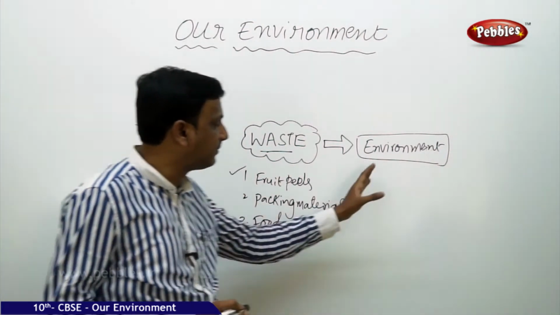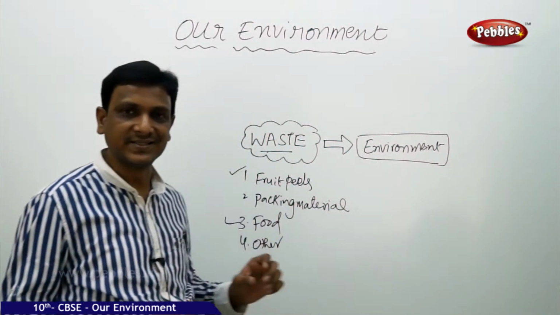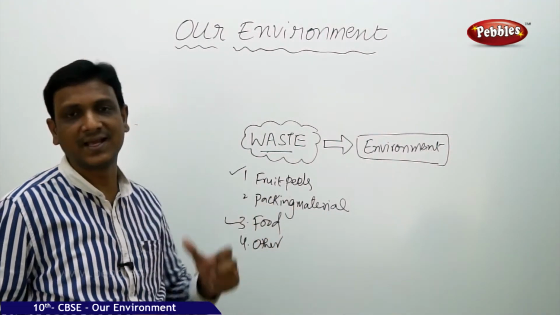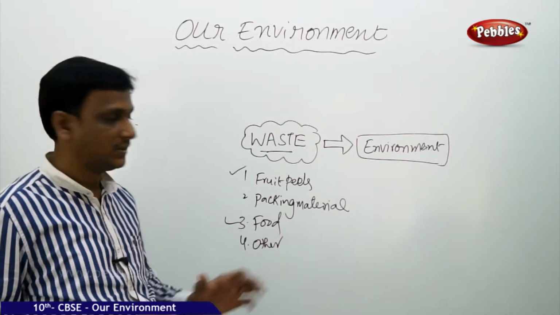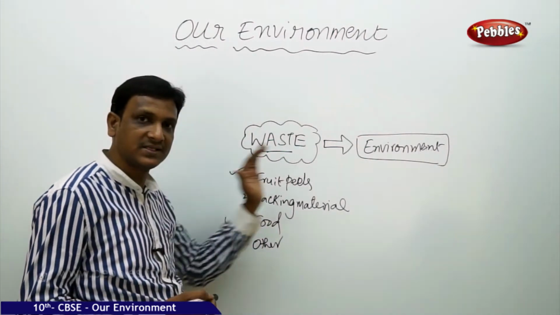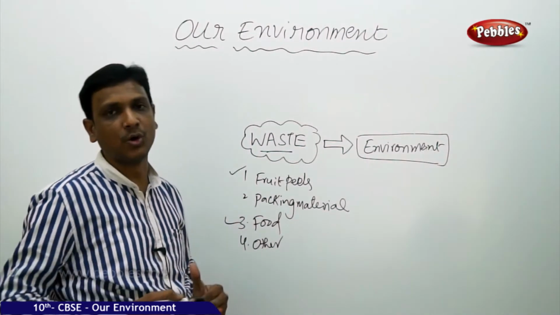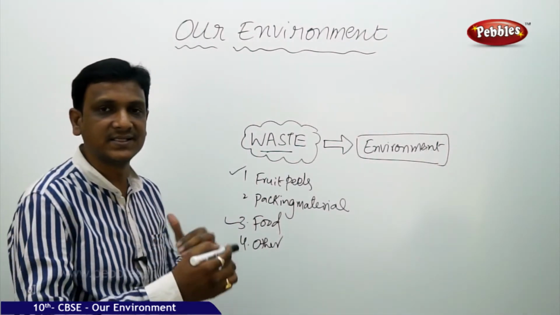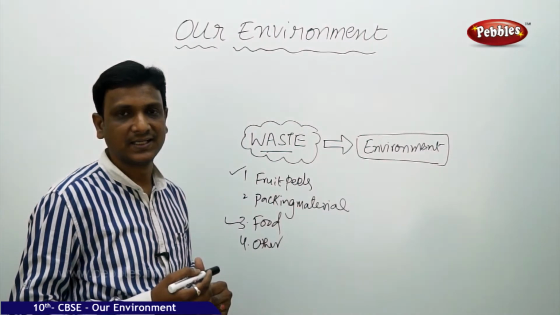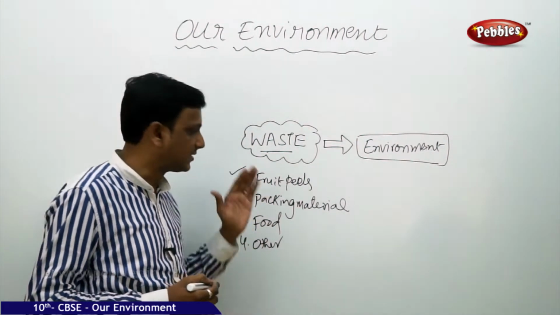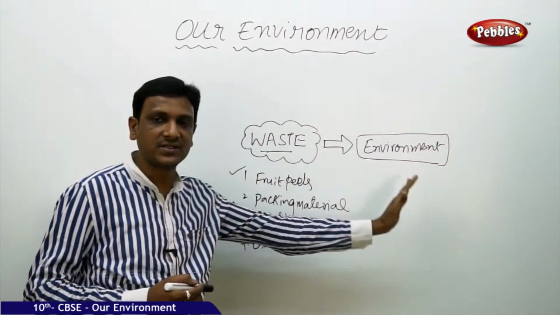It means the environment consists of certain cycles, biogeochemical cycles, in which certain materials mix up in the environment. They may be easily mixed up with the soil. They may be easily mixed up with the air. But sometimes, certain materials cannot mix up in the environment.